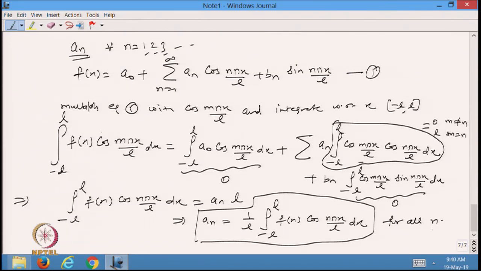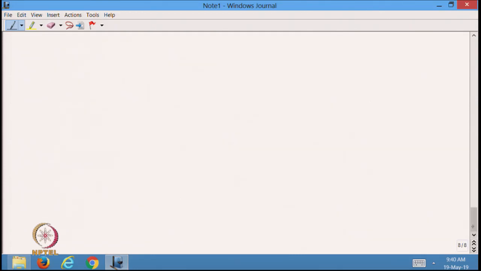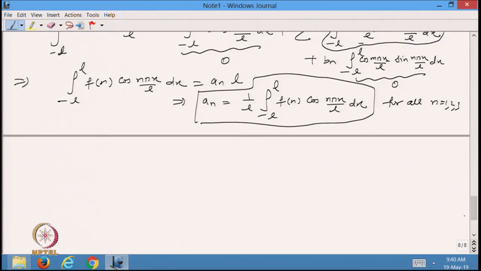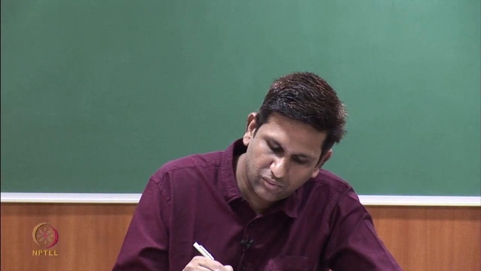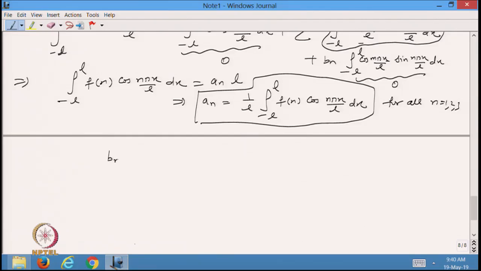Otherwise, for n equal to 1, 2, 3, this is the formula. Similarly, I can find the value of bn by multiplying by sin(nπx/L). If you do it the same way, you will see that my bn in this case will be 1 over L times the integral of f(x) sin(nπx/L) dx.